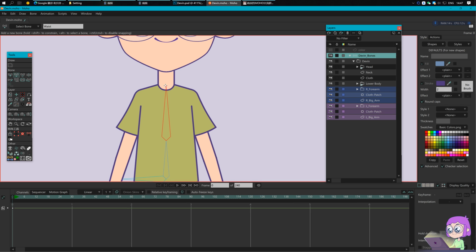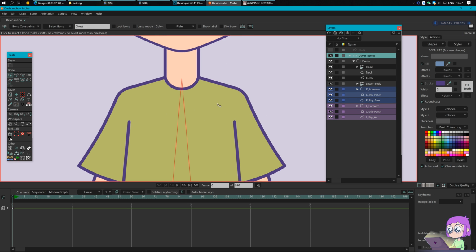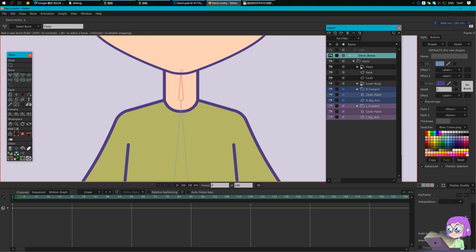Then set a bone of the chest. Then the bones of the neck and head.